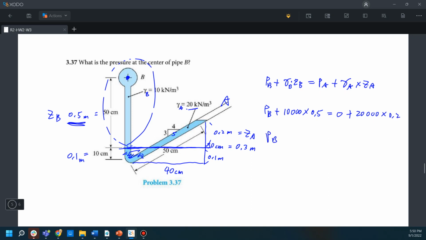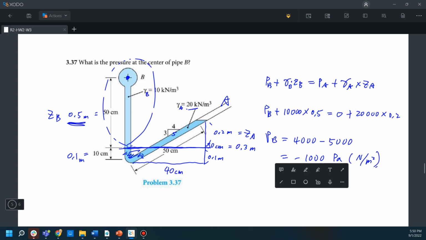So PB will equal 4,000 minus 5,000. And that is minus 1,000 Pa. So it's also equal to minus 1 kPa.